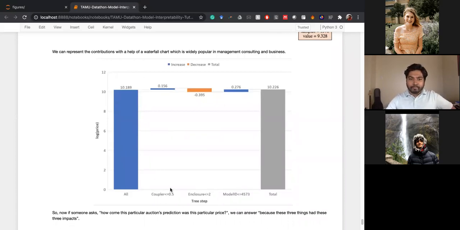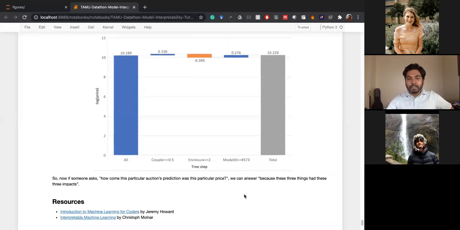Because the coupler was less than 0.5, it led to an increase of 0.15. Because the enclosure was less than 2, the bias reduced by 0.395, and so on. And so you reach this final price for this row based on the contributions from these three variables.